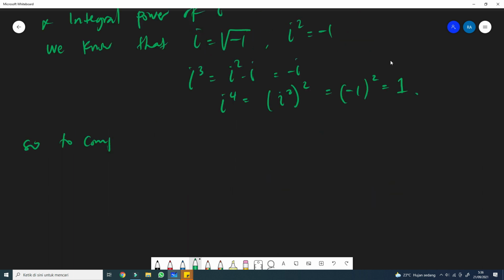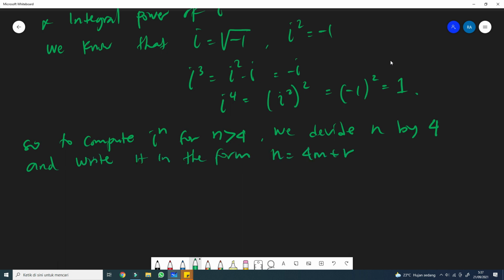So to compute i to the power of n for n bigger than 4, we divide n by 4 and write it in the form n equals 4m plus r, where m is the quotient and r is the remainder, so r is greater than or equal to 0 and less than 4.